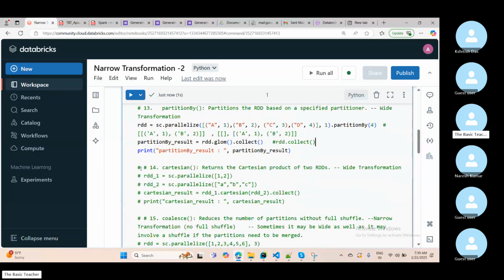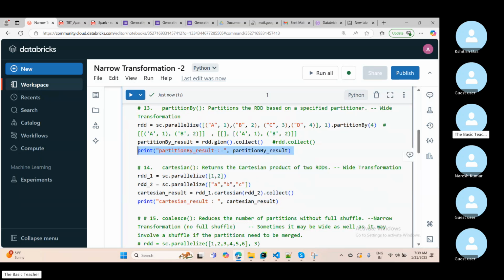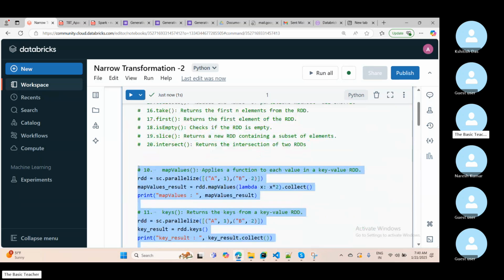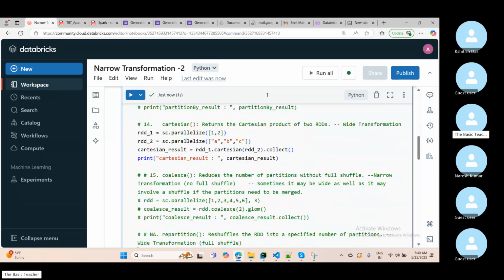Okay, then we have this next one. Let me comment out the previous one. Here we have two RDDs.